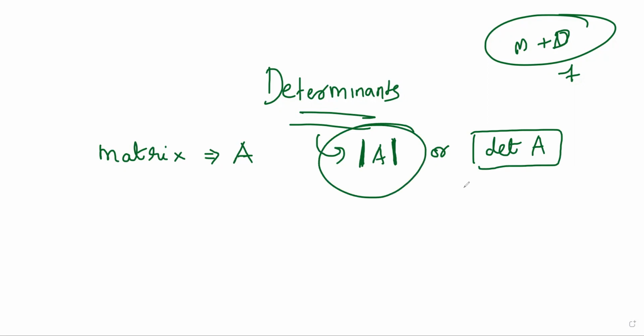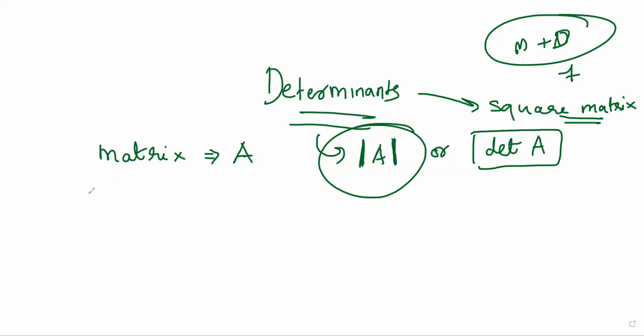Okay, now let me show you how to find the determinant. First I'll show you for a matrix of order 1, then order 2, then order 3. Before that, listen, the determinant is performed for a square matrix.